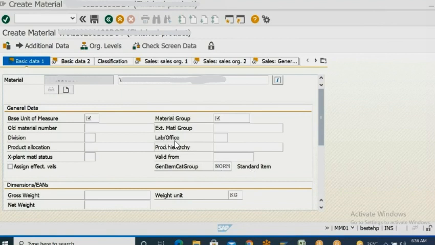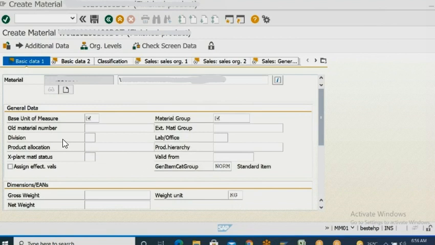And if you take the automobile industry, you have sheet metal group, fasteners. So like that, you group the materials which share the same attributes.